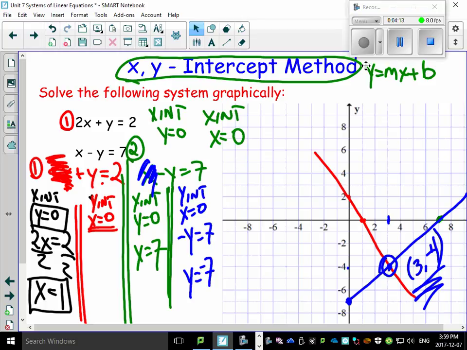This is your answer, but graphing is not necessarily the most accurate way of doing things, okay? So I want to see if we can now take it to the next step, which is going to be using our graphing calculators, using technology to actually solve this. You're in for a real treat coming.